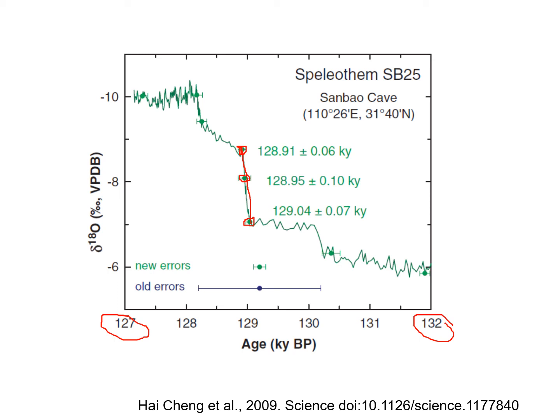And you can see from the ages on this figure, in thousands of years, that this transition from a cold climate to a warm climate happened over around 130 years. So around 3 generations. We went from a colder climate, a weaker monsoon, to a warmer climate and a stronger monsoon.